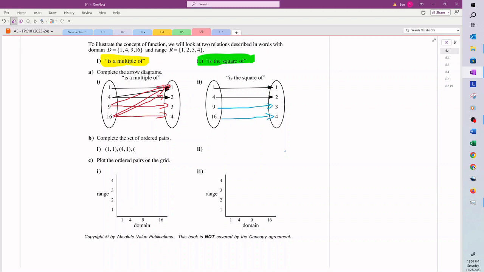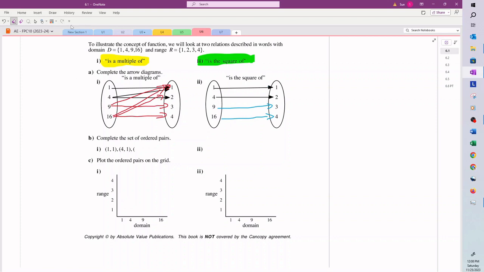So this is a function because each input has one and only one output. Whereas in the other column, for the input of 16, we had 3 different outputs within the domain and range that we were given.